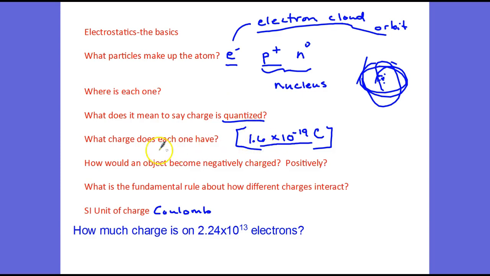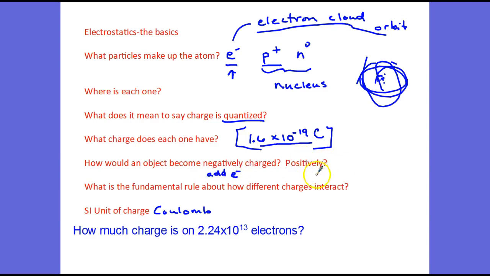Charge is quantized. How would an object become negatively charged? Well, okay, so protons are in the nucleus. You can't take them out. If you take a proton out of the nucleus or you add a proton, you change the element. Remember, that's the atomic number. So it's electrons moving around that cause things to be charged. So if you want something to be negatively charged, you have to give it extra electrons. So you would add electrons to it.